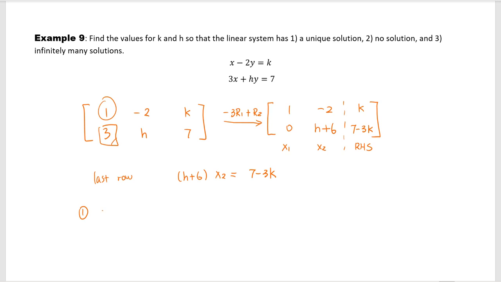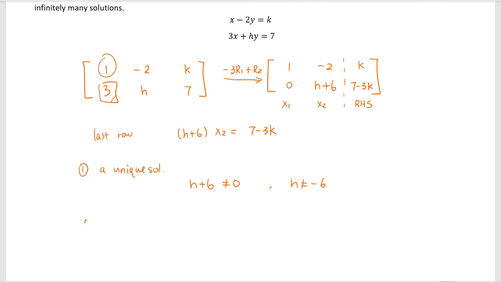When do we have a unique solution? When the coefficient of x2 is not 0, then we can solve for x2, right? So h is not equal to -6. And when do we have no solution? You need 0 equals some number which is not 0.